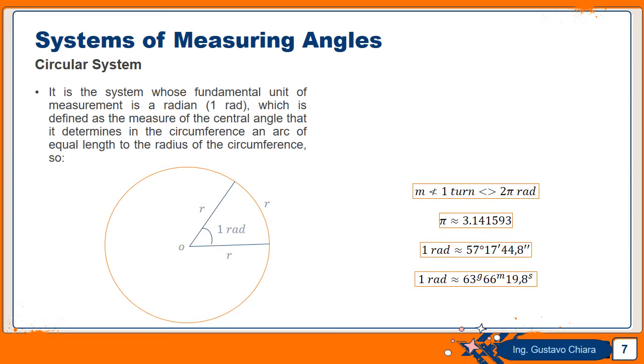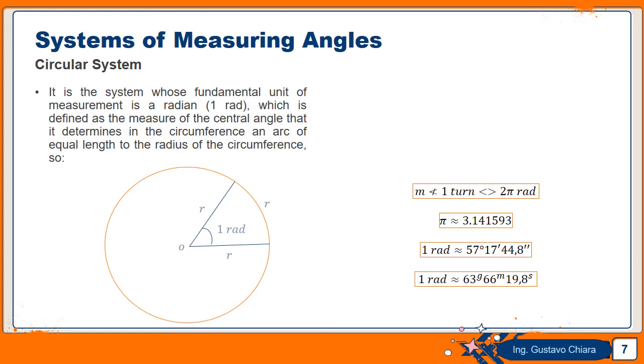Finally, the last system of measurement is the circular system. It's the system whose fundamental unit of measurement is the radian, which is defined as the measure of the central angle that determines in the circumference an arc of equal length to the radius of the circumference. So we can see in the picture a circumference with radius r, and an arc that has the same magnitude.